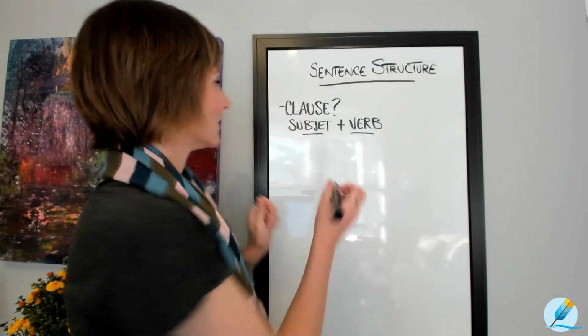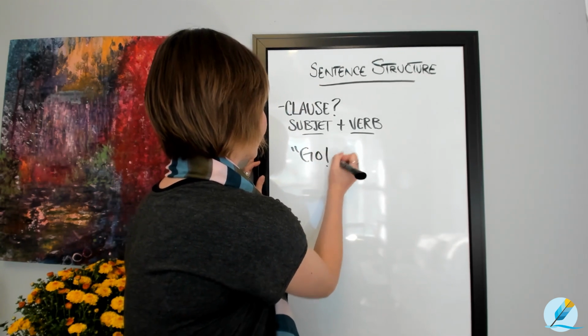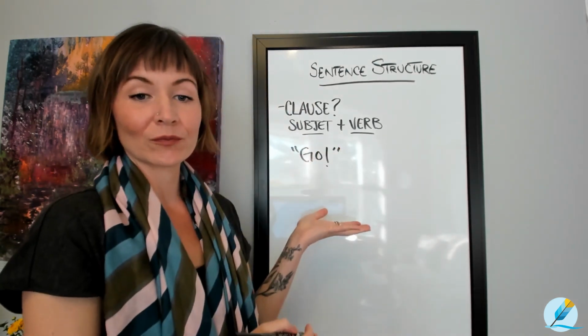Think about it this way. The shortest sentence you can have in English will be a clause. Can you think of a short sentence? The shortest sentence you've ever thought of? How about go?